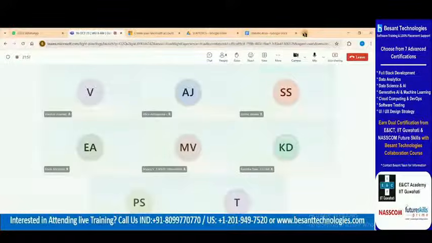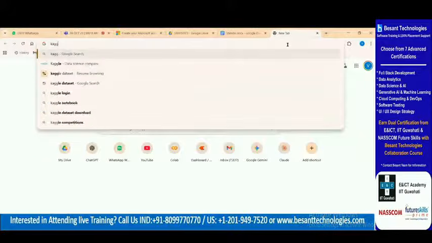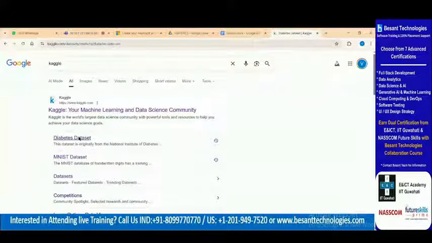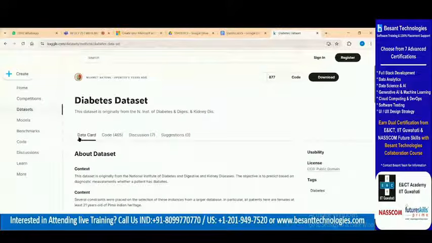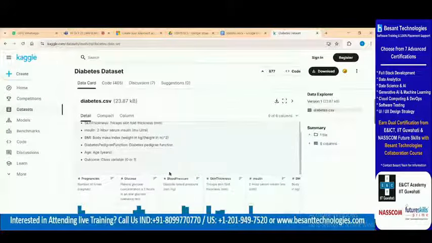Let me take one example. I've seen people who are very new to AI and data science ask me the question of what a data set is.